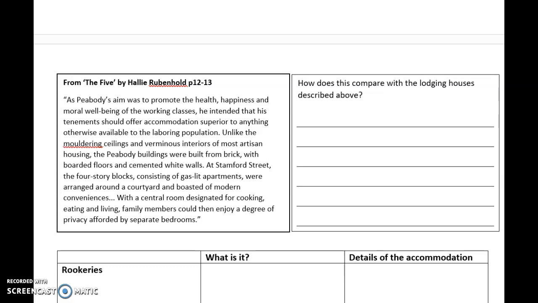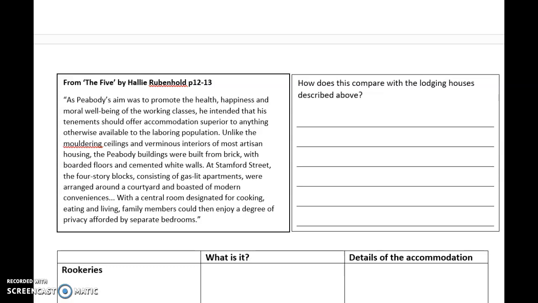At Stamford Street, the four-storey blocks consisting of gas-lit apartments were arranged around a courtyard and boasted of modern conveniences. With a central room designated for cooking, eating and living, family members could then enjoy a degree of privacy afforded by separate bedrooms."